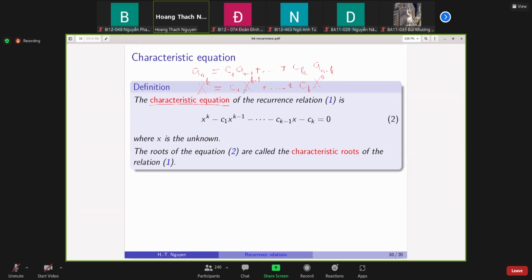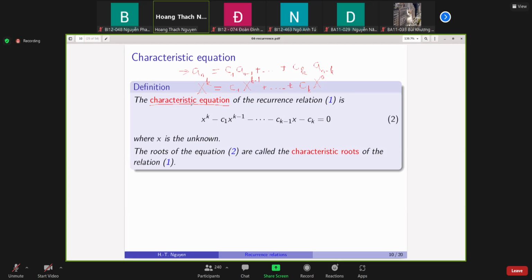Then you change the sign, put everything on the left hand side, and you obtain this equation. This equation is called the characteristic equation associated with this homogeneous linear recurrence relation.